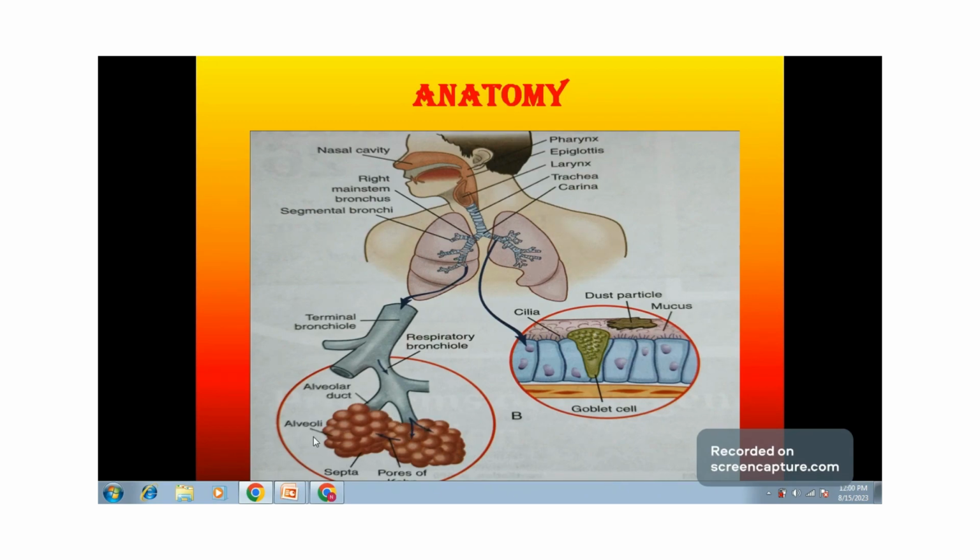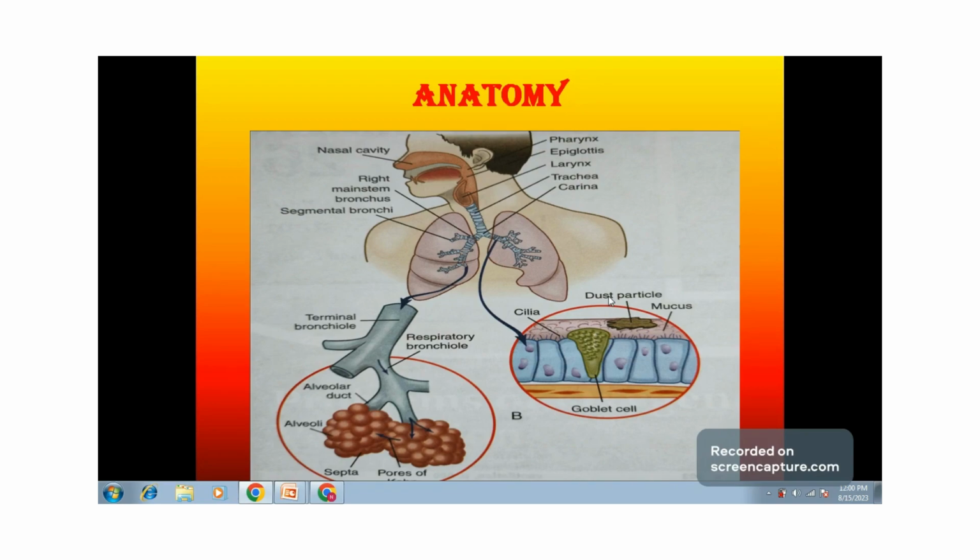Now these alveolar sacs which arise from the ducts contain clusters of alveoli. So these are the clusters of alveoli, and these alveoli are the basic units of gas exchange.